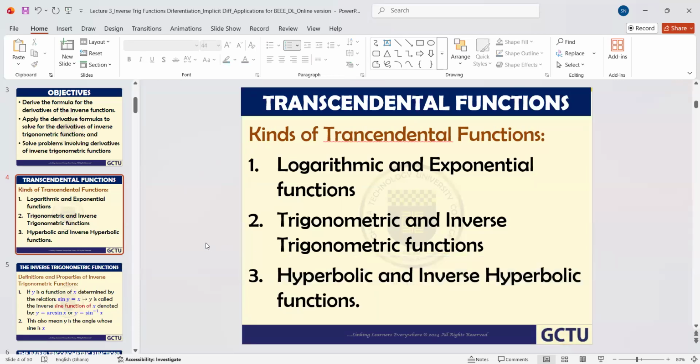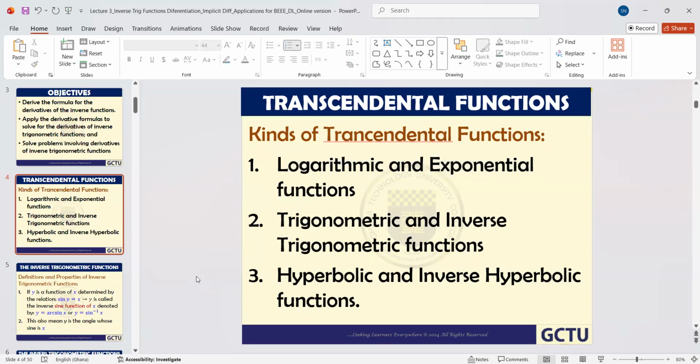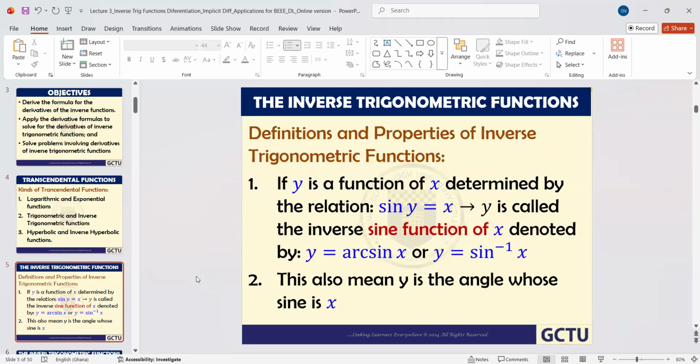We're just categorizing the type of functions we are going to deal with this morning. We've done log already, we've looked at exponents already, and last semester we looked at trig functions. But today we are looking at the inverse trig functions and how to differentiate them.